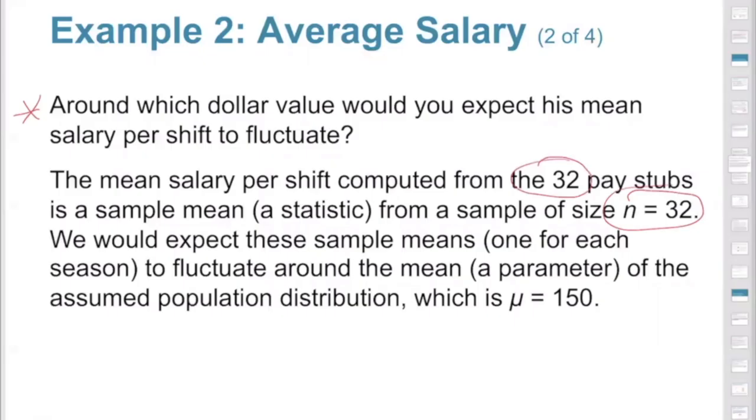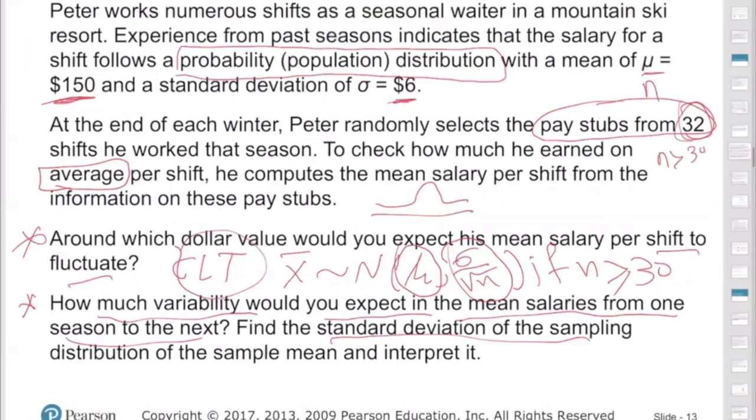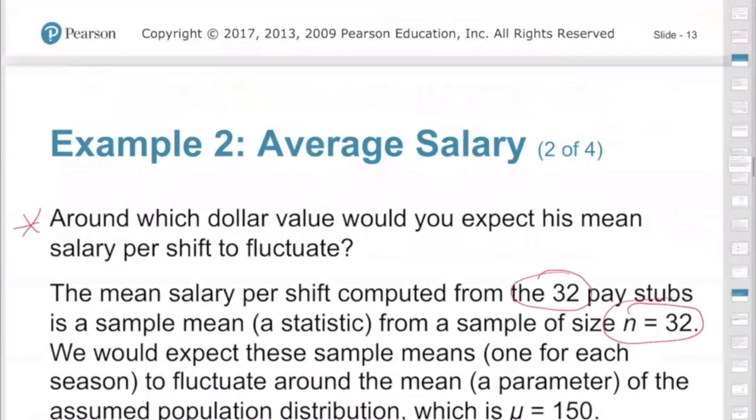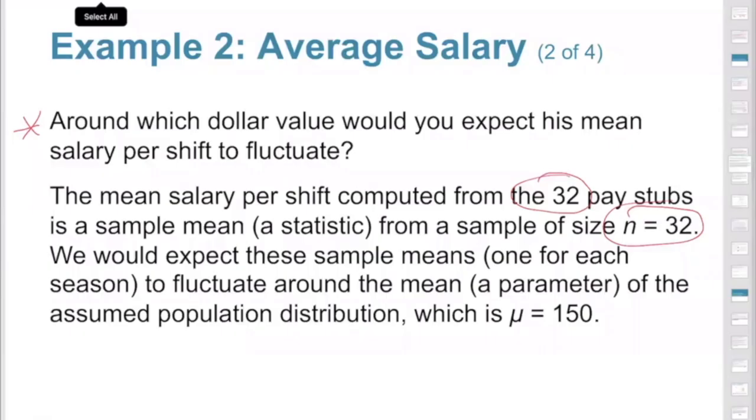Do we know mu? Yes, from the population distribution. The question says the salary per shift follows a probability distribution with mean mu 150. So the same value holds for the mean of the sampling distribution of the sample mean: mu equals 150 again.